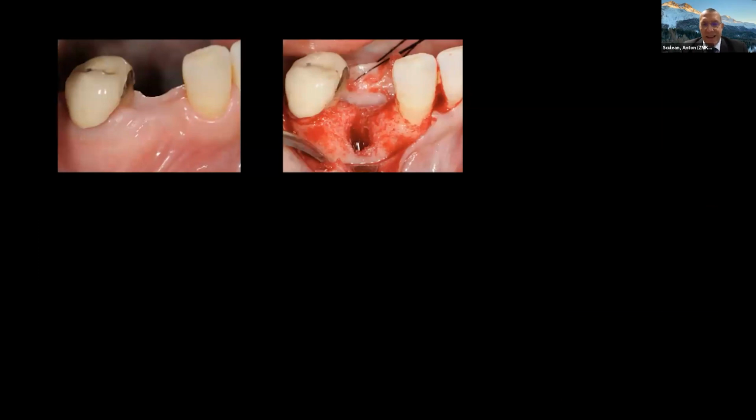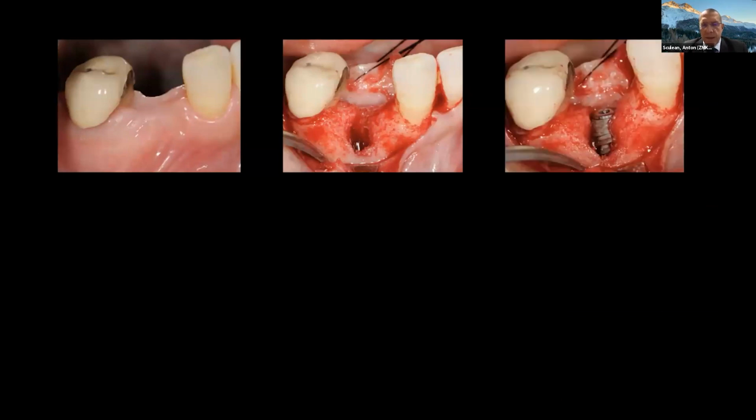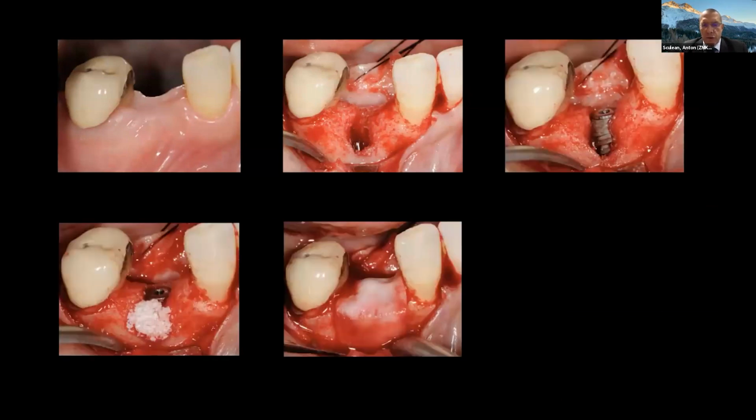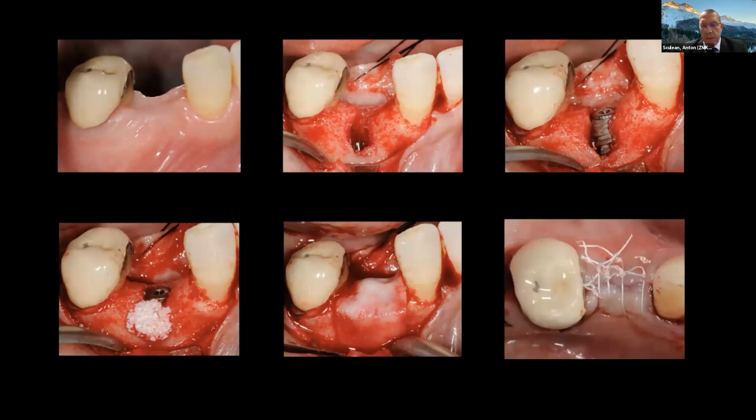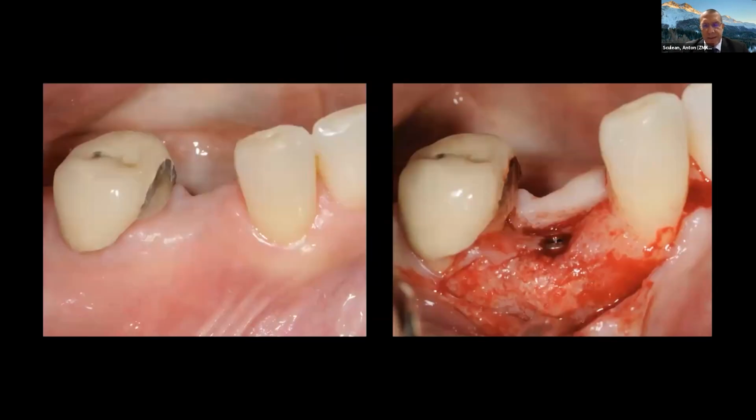How can we prevent such a problem? By using a GBR, a classical GBR procedure, by using a contour augmentation, using some slowly resorbable biomaterials combined with autogenous bone, and of course, using some native collagen barriers or some other collagen materials.